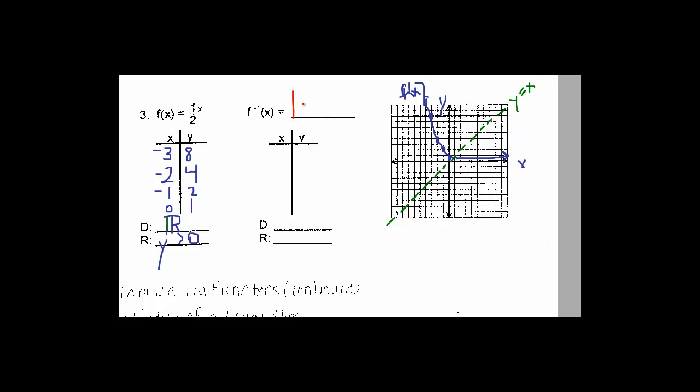I know that I have log. The base of my exponential function is the same base for my log, so this is a little 1/2, like a subscript. And the x is the same size as the log, so this is what I'm putting into my calculator.